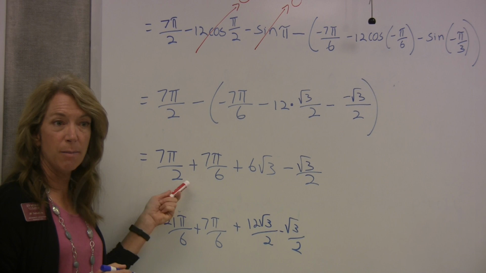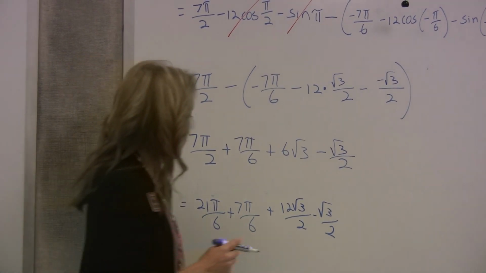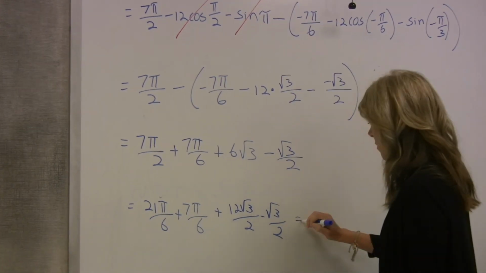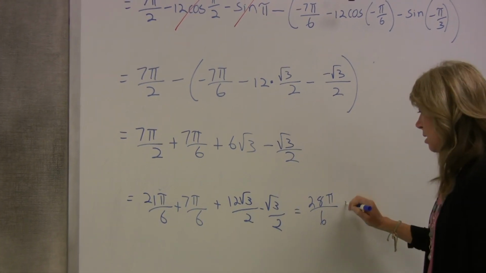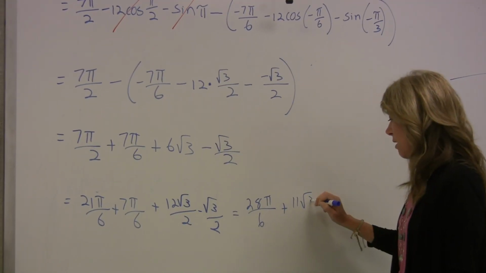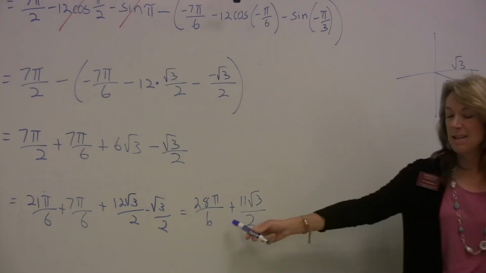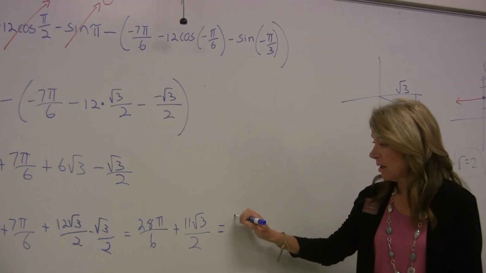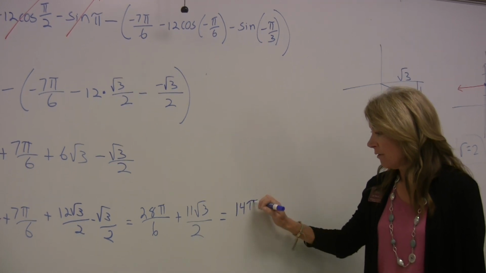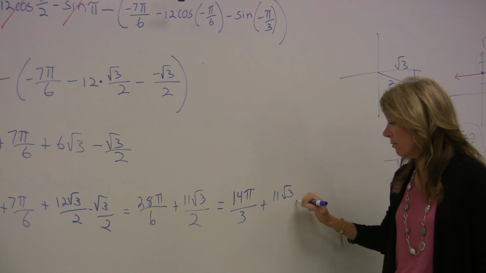So I wrote these with a common denominator. 28 pi over 6 plus 11 root 3 over 2. And this guy will reduce. The final answer is 14 pi over 3 plus 11 root 3 over 2.